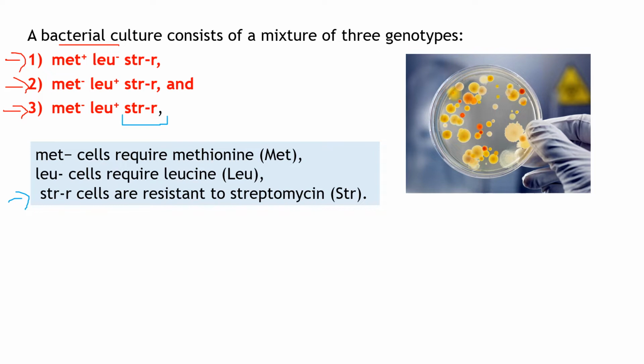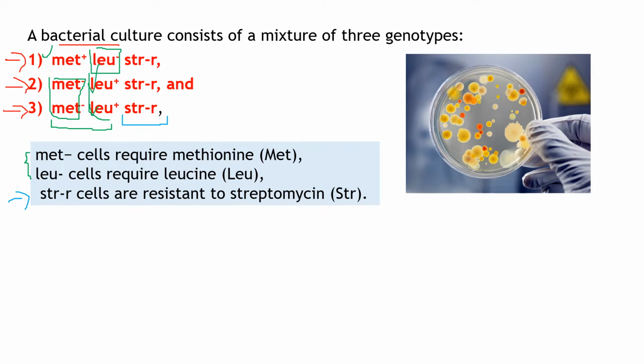On the other hand, the differences are here, the first two that you will see. Some of them will have methionine, and some of them won't. So, for example, this one doesn't have methionine, and this one will have methionine, and this one will miss leucine, and these two will have leucine.